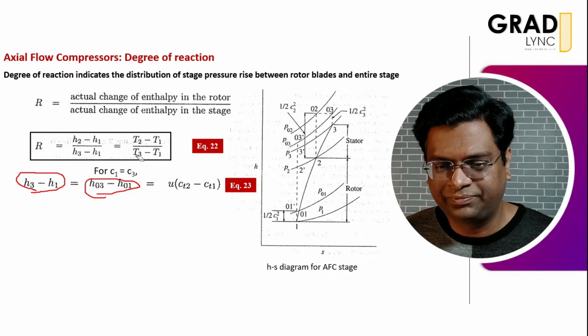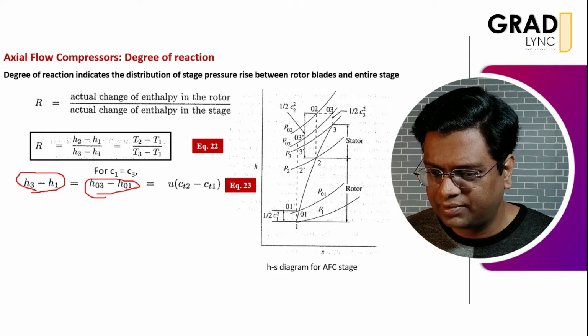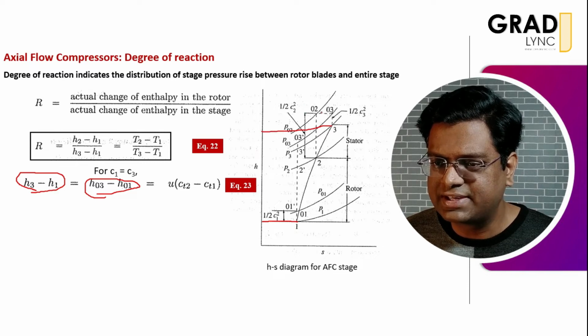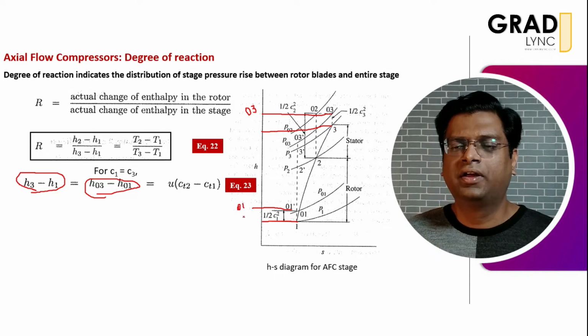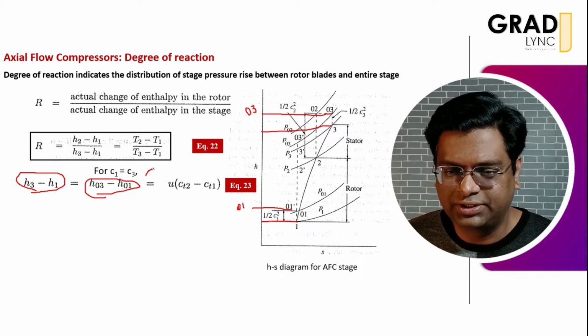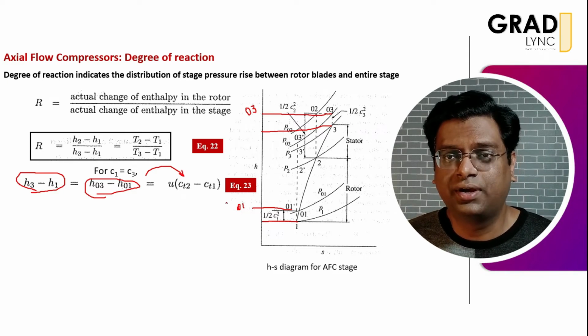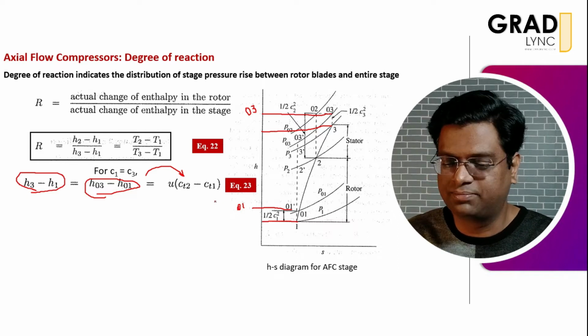For that case, the static enthalpy rise, that is H3 minus H1, is the same as H03 minus H01, right? So this rise remains the same, and I can convert it into the velocity parameters, that is UCt2 minus UCt1. So this is the change in the energy from inlet to exit, right? Let's call that equation number 23.